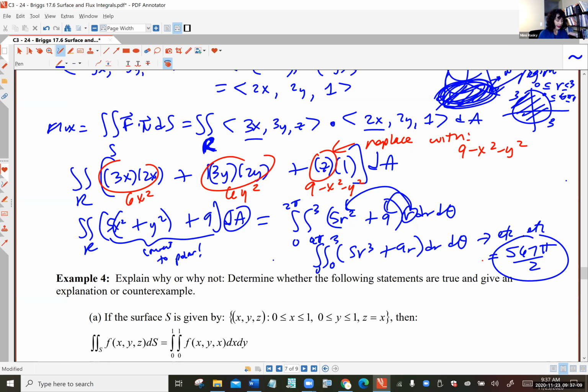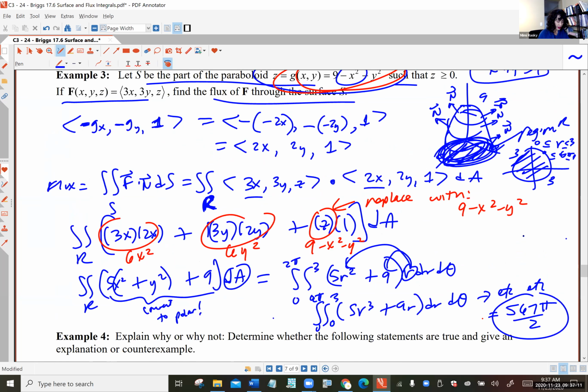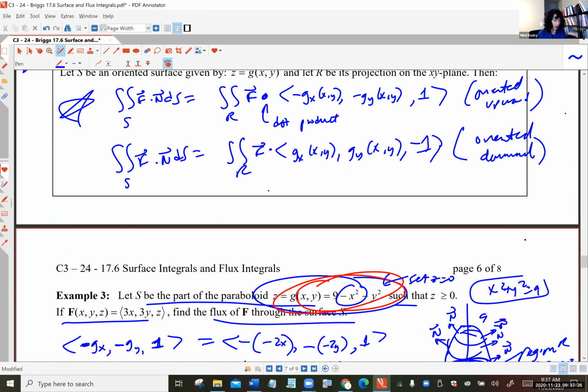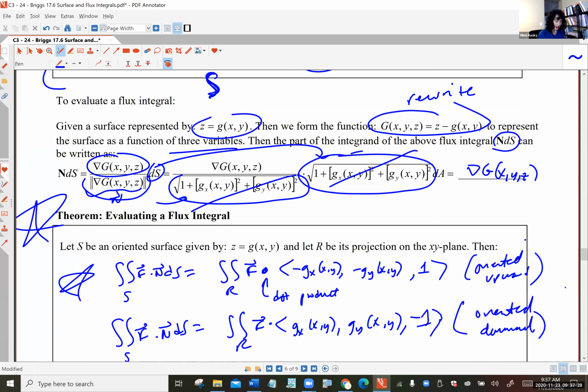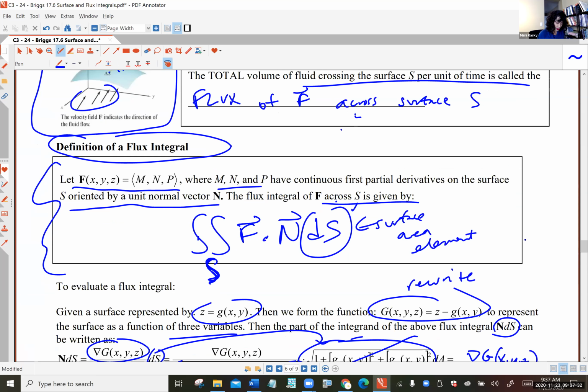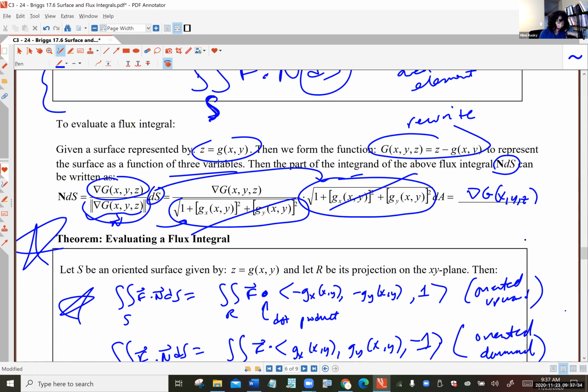Okay. Any questions on this surface integral? Because I'm only doing one example. When you were discussing keeping the z on one side, and for the normal vector, I believe, what was that for? Oh, that was to make sure that when you got the gradient, you get a positive 1 here.